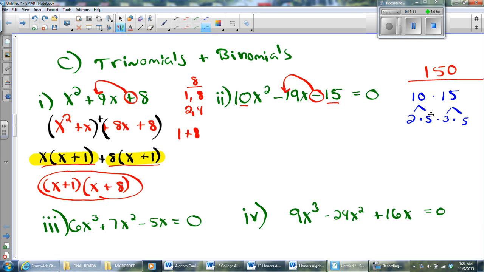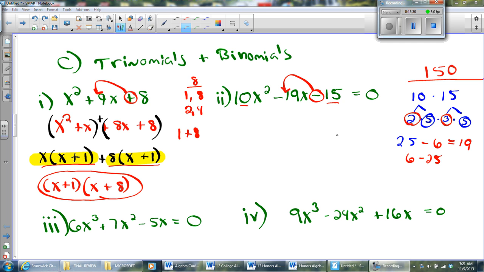And look at this, I've got a 5 and a 5 here, and 5 times 5 is 25, right? And here I have 2 and 3, and that's 6. Now 25 minus 6 is 19. Hold on, I need a negative 19. So I don't want 25 minus 6, I want 6 minus 25.